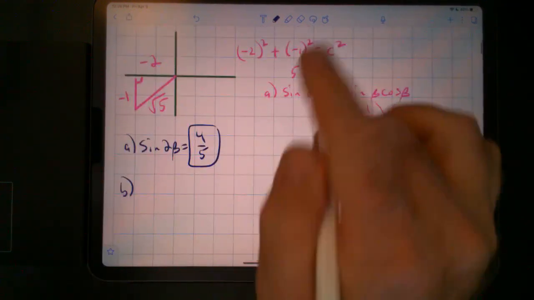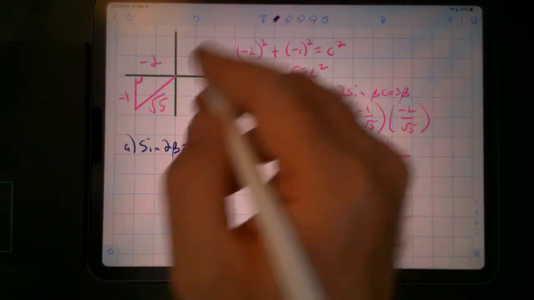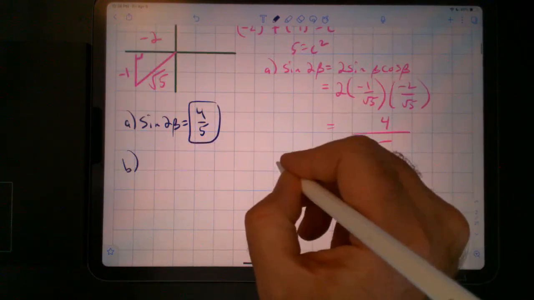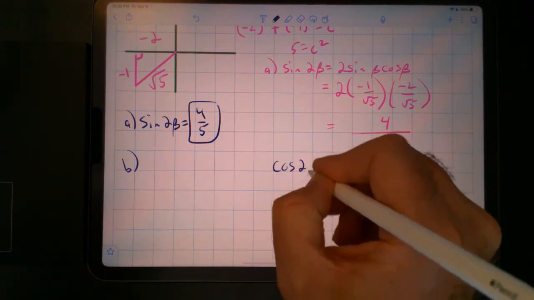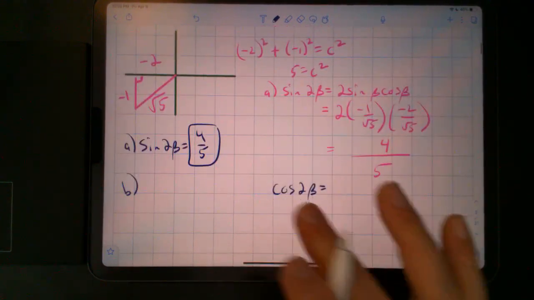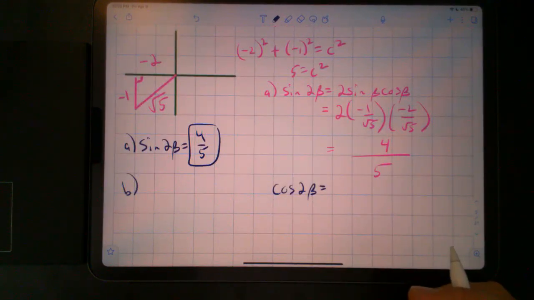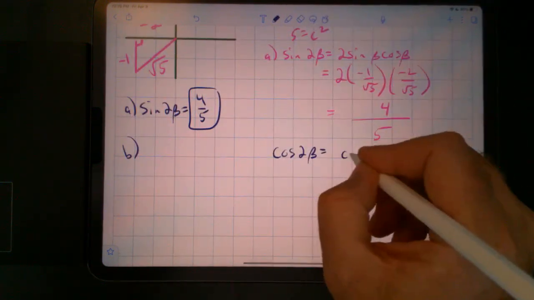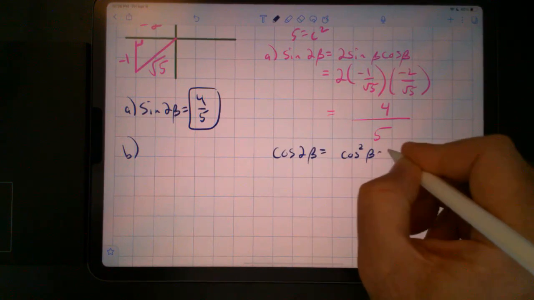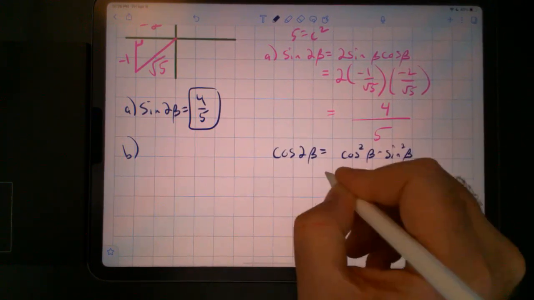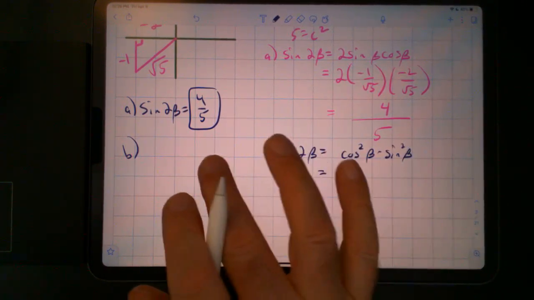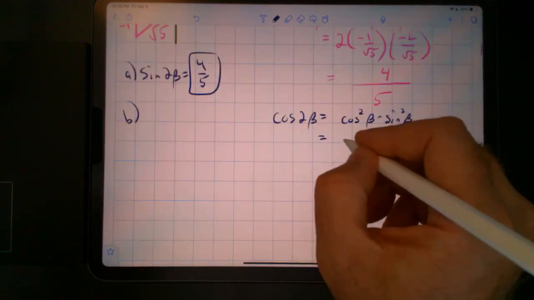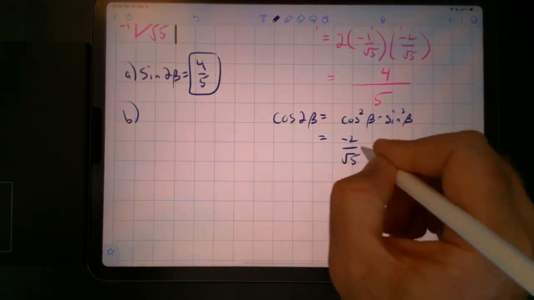For the next component, cosine 2 beta, let's go with cosine squared beta minus sine squared beta. And so cosine is going to be negative 2 over radical 5.